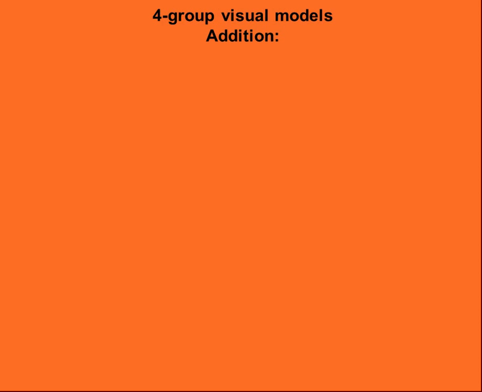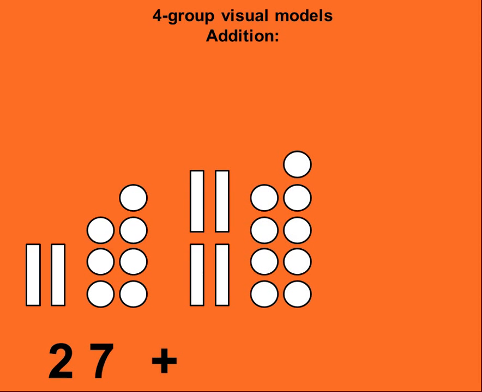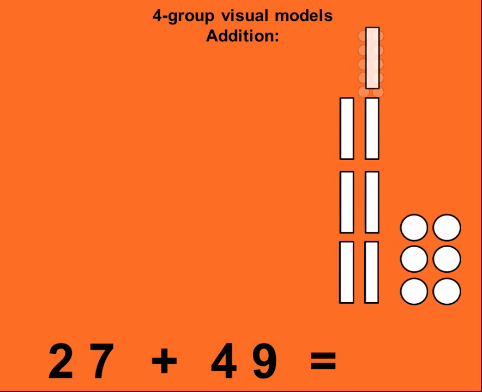The same problem in the four-group model looks like this. 27 plus 49 equals 76.